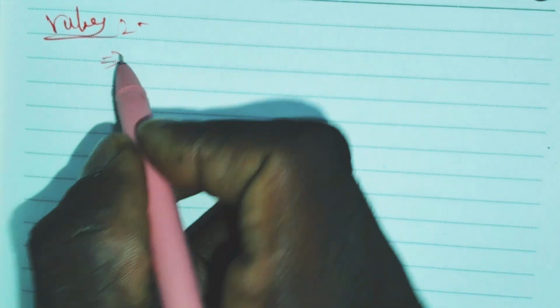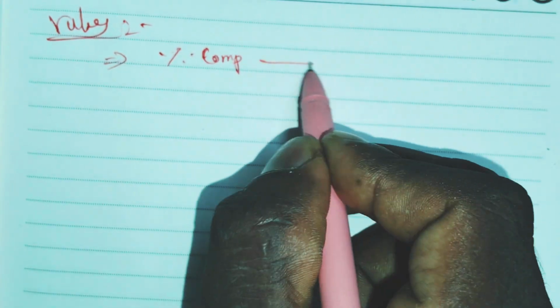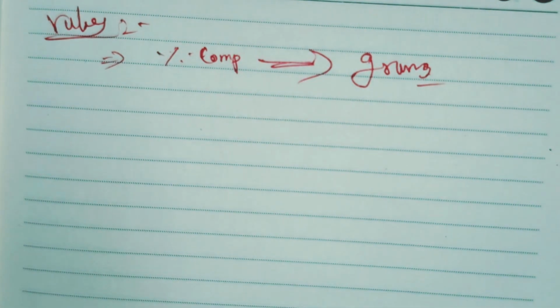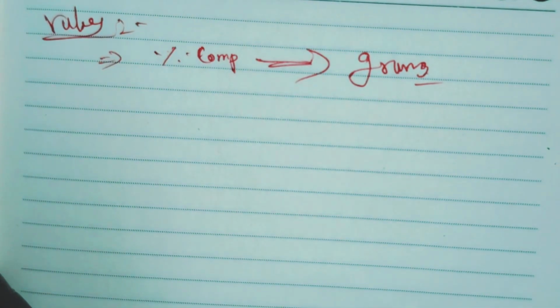Next, the rules for finding the molecular formula. Sometimes the question gives the percentage composition, which is converted into grams. We already covered this in the previous video on concentration terms.